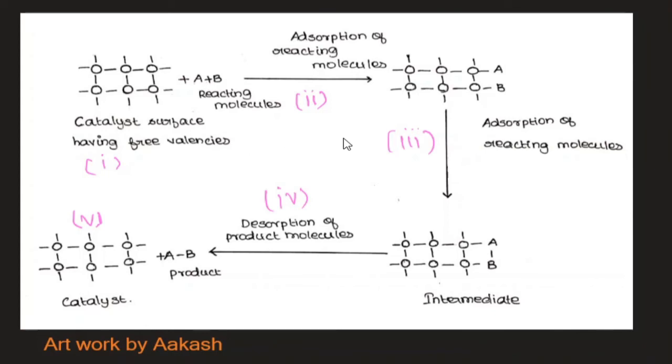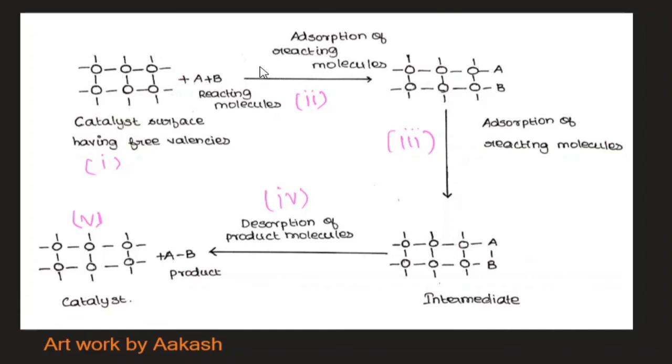Mechanism of heterogeneous catalysis. We have already discussed this. Our friend Akash has given a very good artwork in this. He has mentioned the 5 stages. The first stage is diffusion of reacting molecules over the catalyst.